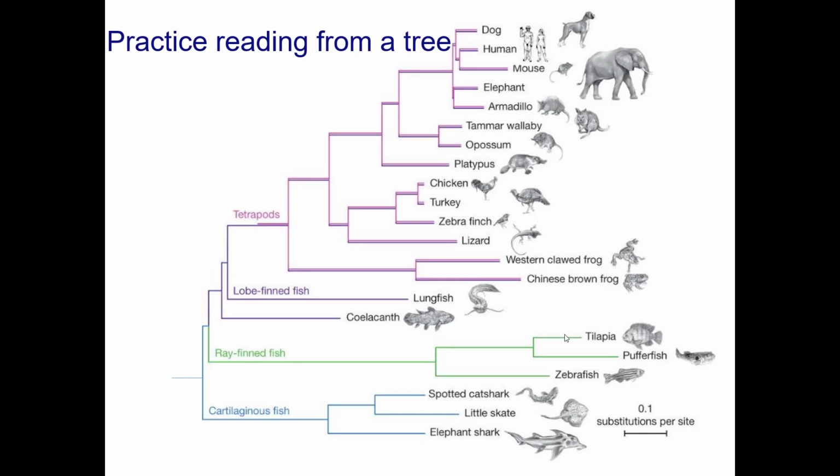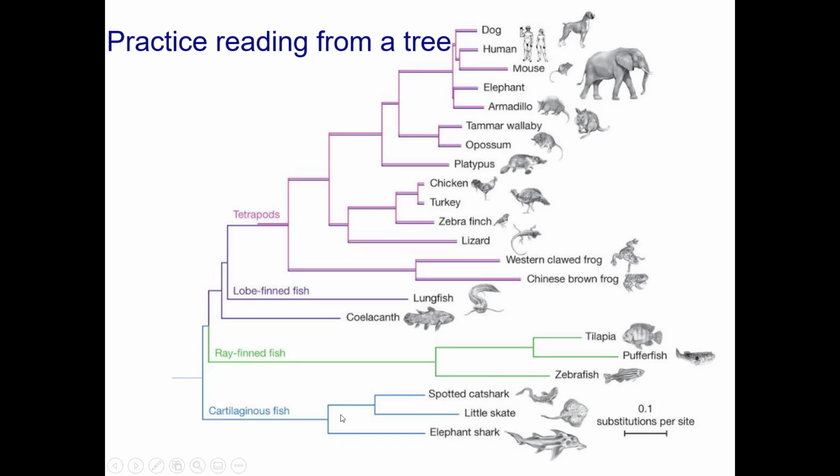So those of you going to professional school may see some of these. And this one has already been done. I'm using this one. The only thing I don't like about this tree is I really like to see all of the modern organisms lined up at present day, but we're going to overlook that in this tree.